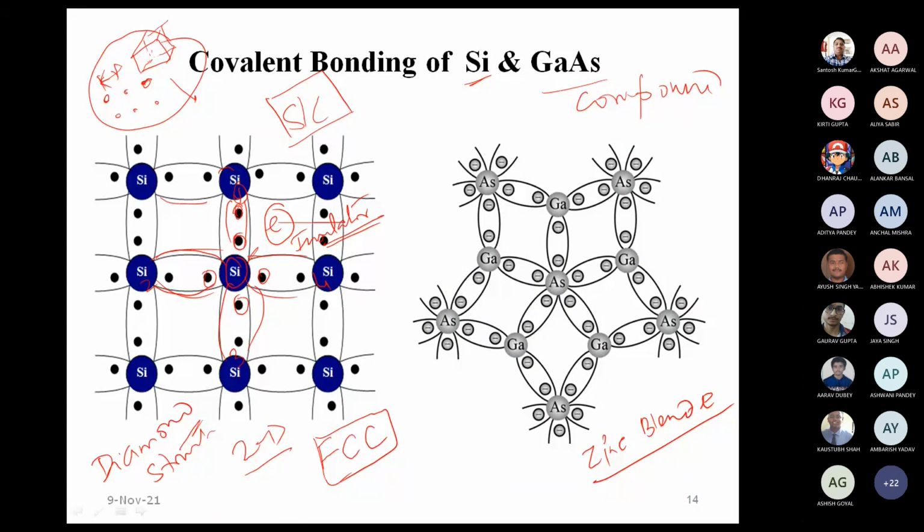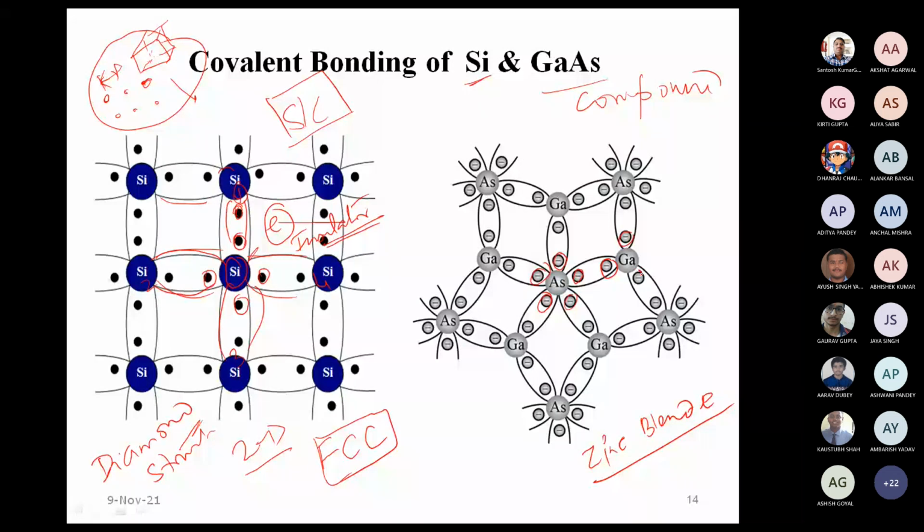In this also, arsenic has 5 electrons in its outermost orbit, and gallium has 3 electrons in its outermost orbit.